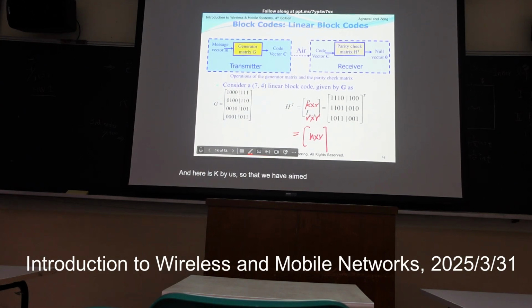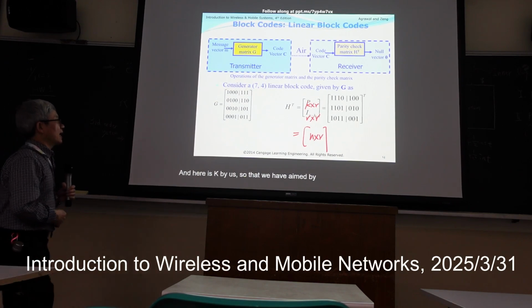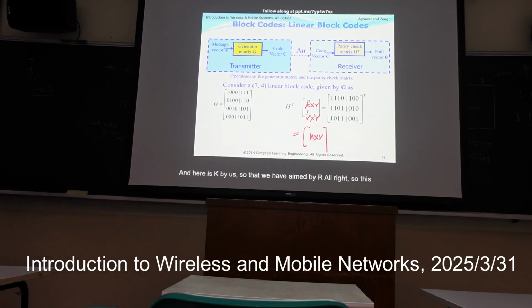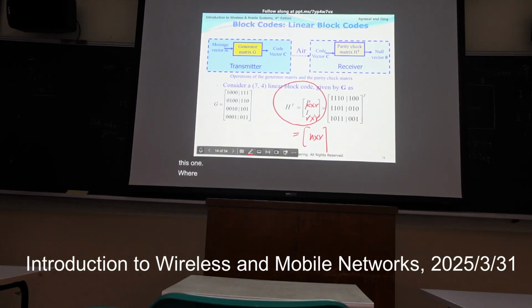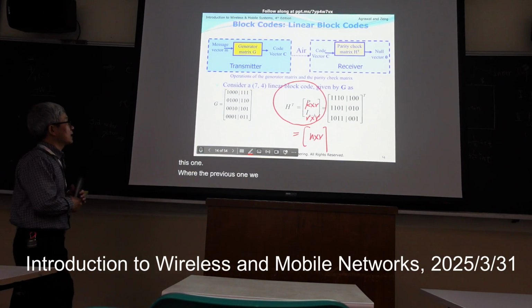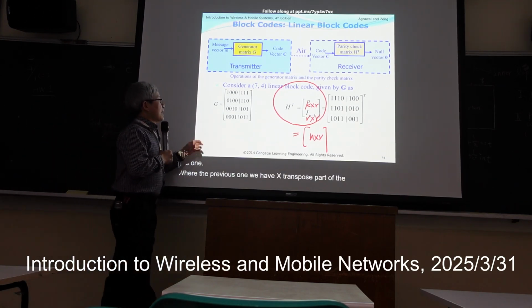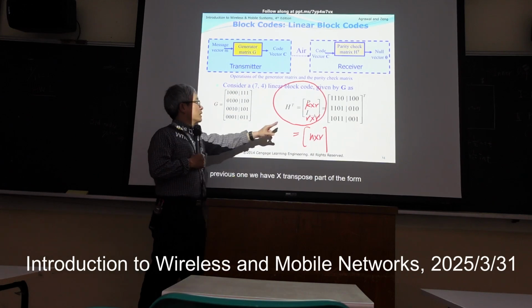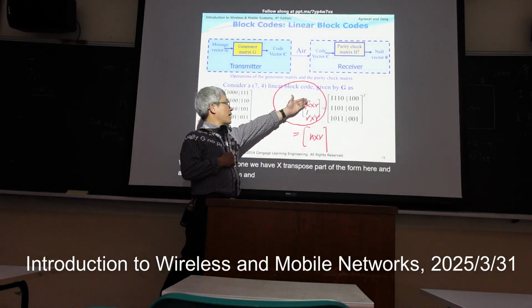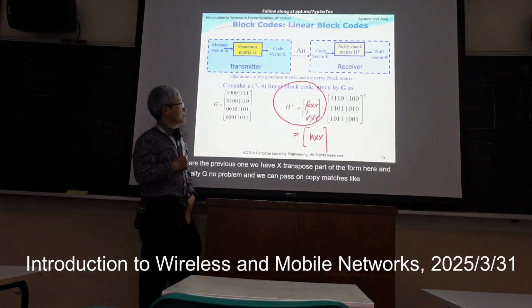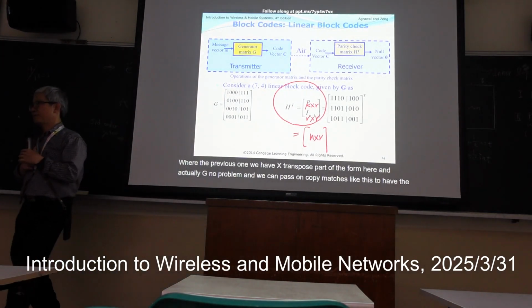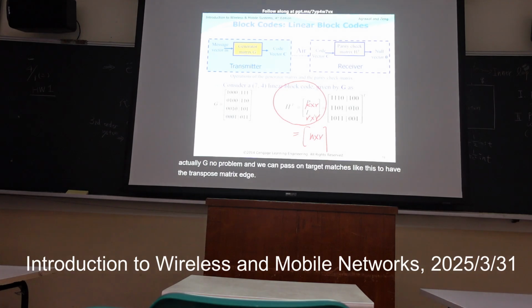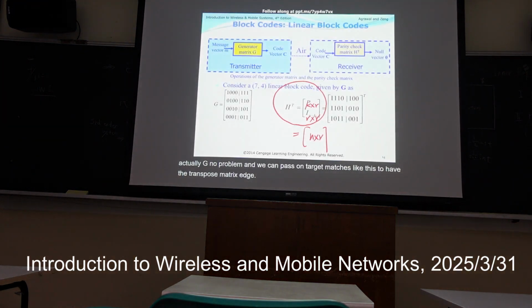Rather than the previous one, we have H transpose from here. And actually G, no problem. And we can pass a hierarchy matrix like this to have the transpose matrix H. And why do we want to do that here?